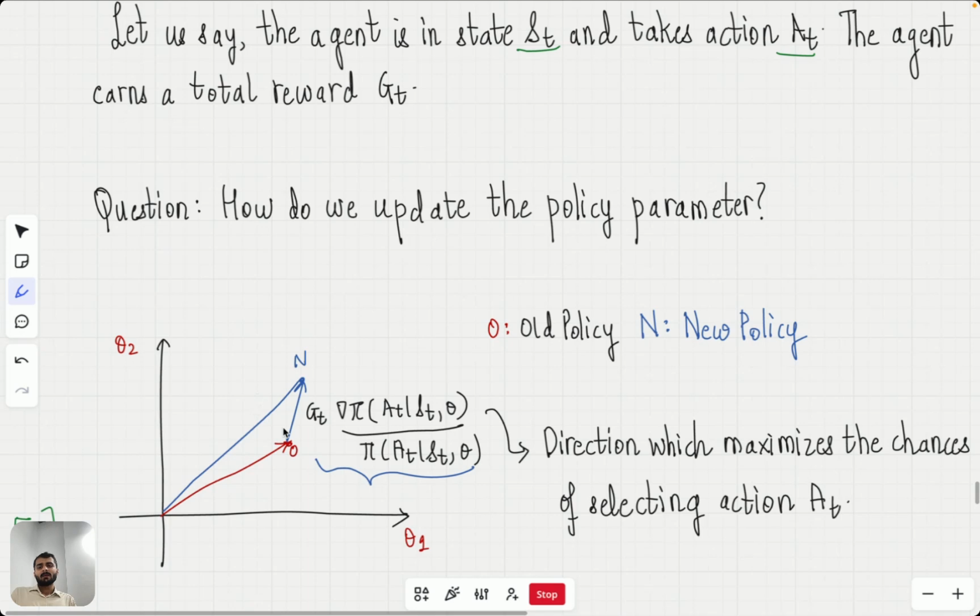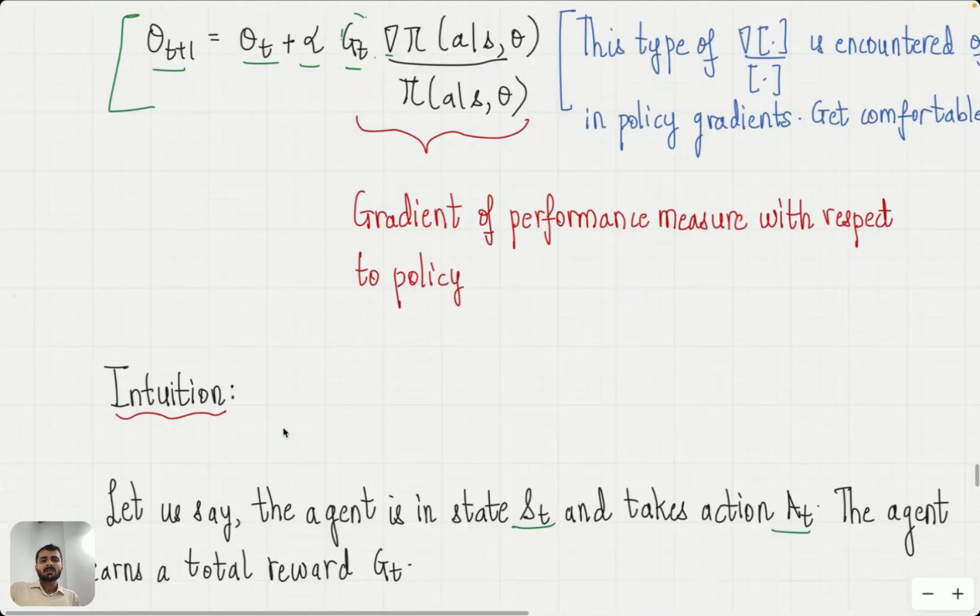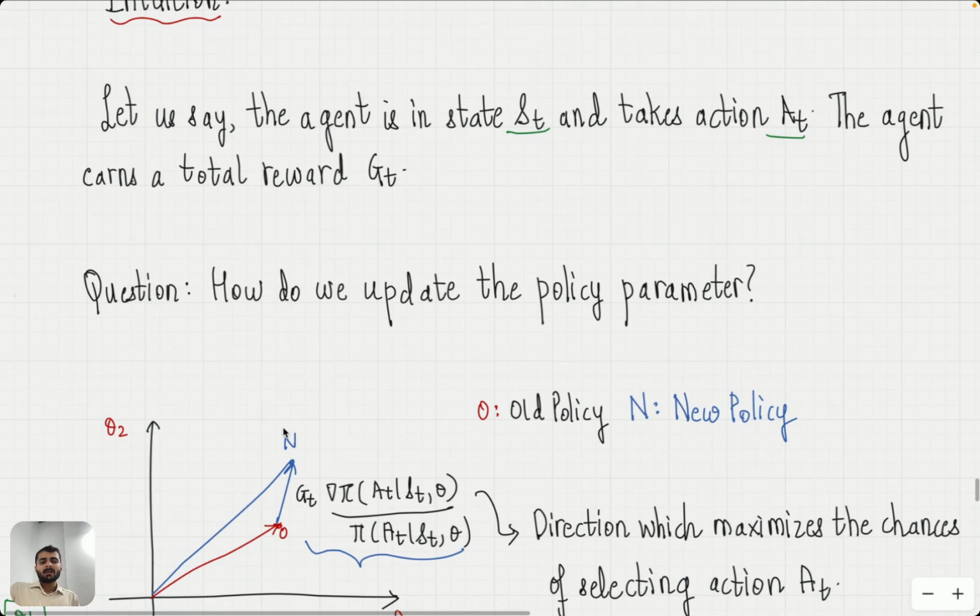And we are going to move in the direction which maximizes the performance measure. And this direction is given by grad of pi of a_t given s_t comma theta divided by pi of a_t given s_t comma theta. So this grad pi actually gives the direction. So I am going to move in the direction of grad pi of a_t given s_t comma theta.